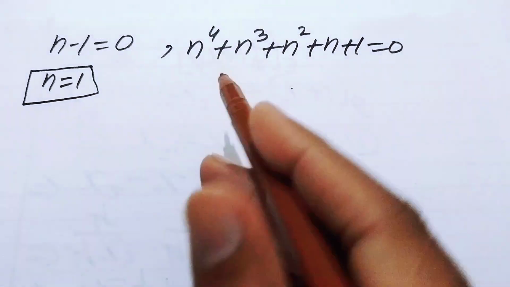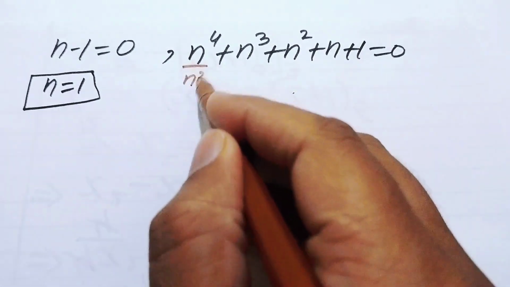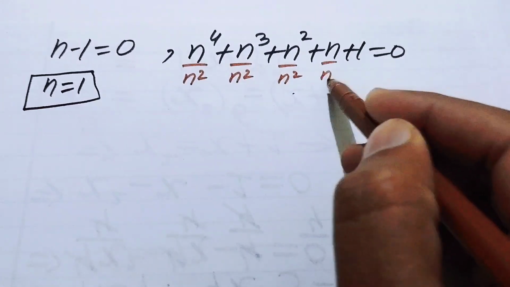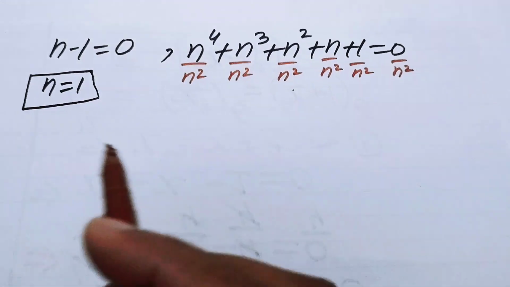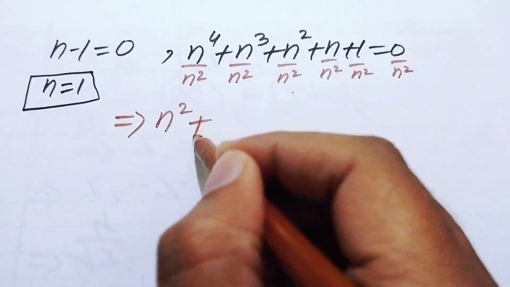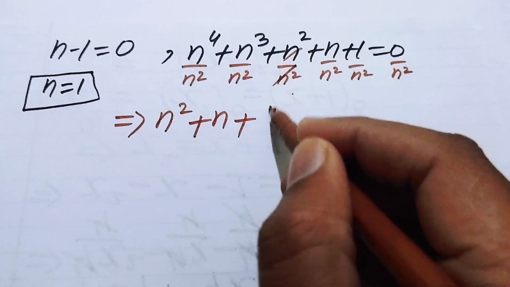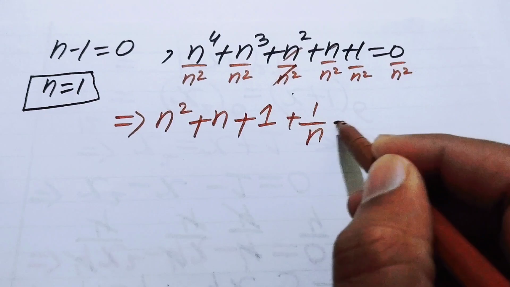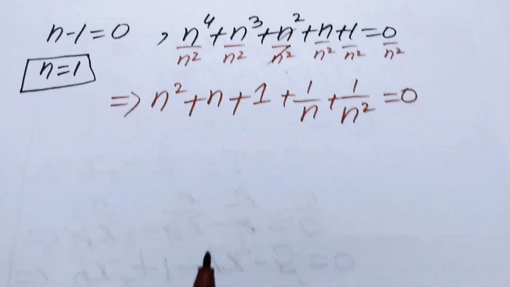In order to solve this equation, we will first divide each of the terms by n squared on both of the sides. Then you obtain n squared plus n plus 1 plus 1 over n plus 1 over n squared, and this whole equation equals 0.